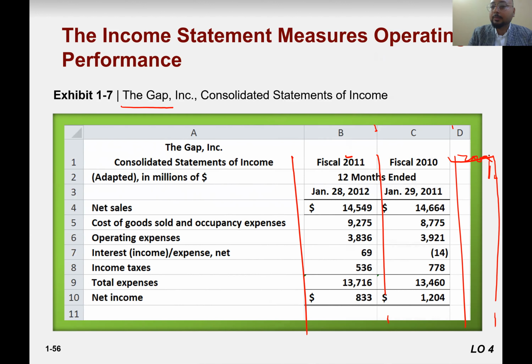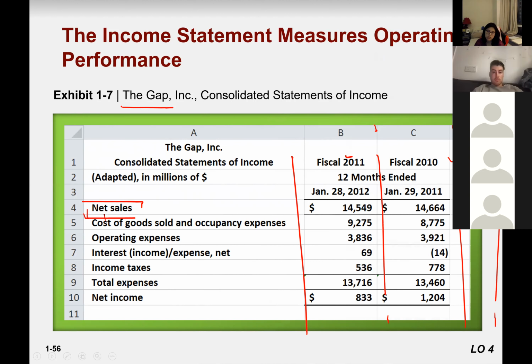So you see net sales, cost of goods sold and occupancy expenses, operating expenses, interest, income taxes, and all those stuff. These are total revenues. So why is there the word net here? Why not just revenues? Any idea? Anyone want to contribute?